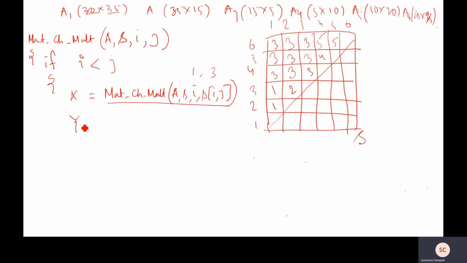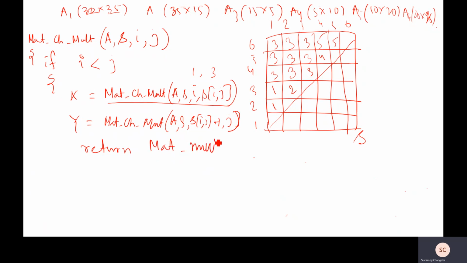And y is another matrix chain multiplication with A, S, S[i][j] plus 1 to j. Here we will go for the actual multiplication that you have learned, matrix multiplication of x comma y, that is 2 matrices.